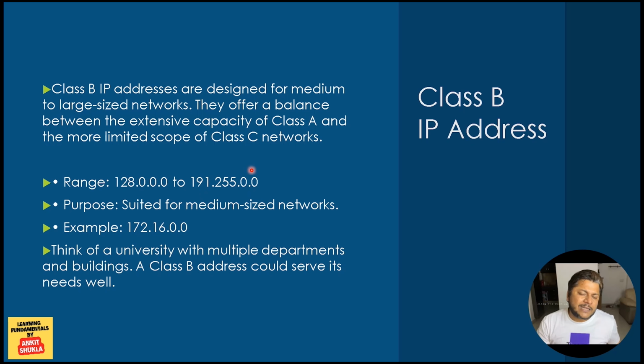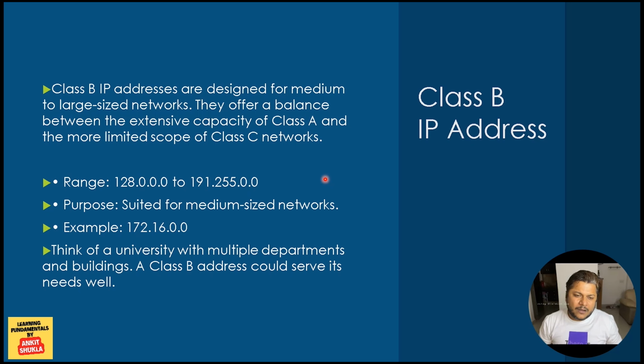An example of a Class B IP would be 172.16.0.1. It's a Class B IP address. The subnet mask for this Class B IP address is 255.255.0.0, which means it has 2 octets for the network portion and the 2 remaining octets for the host portion.